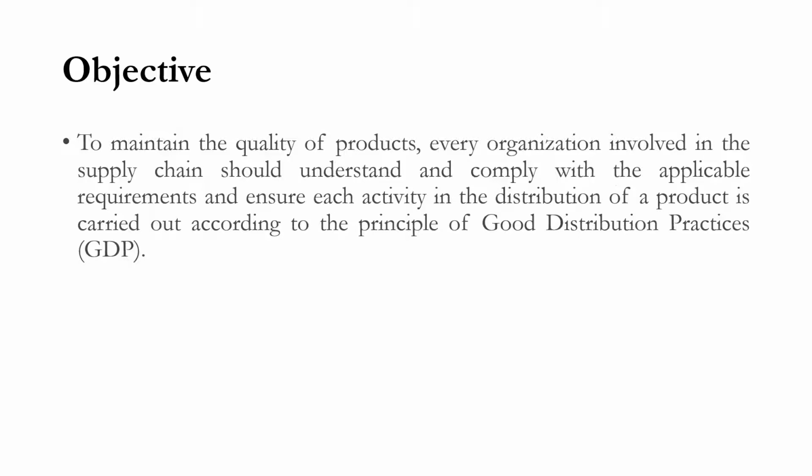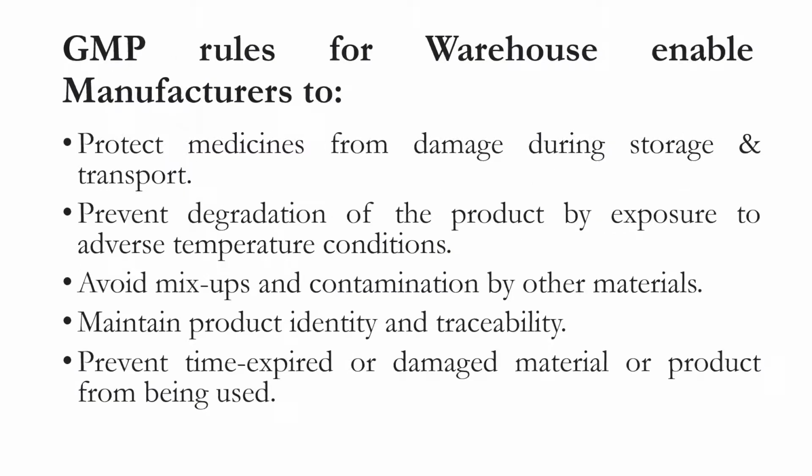Every organization involved in the supply chain should understand and comply with the applicable requirements, and should ensure that each activity in the distribution of a product is carried out according to the principles of GWP or GDP, that is good distribution practices.